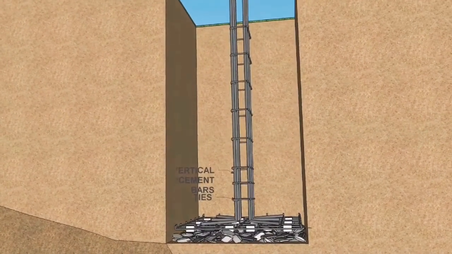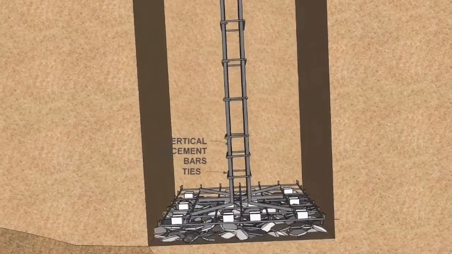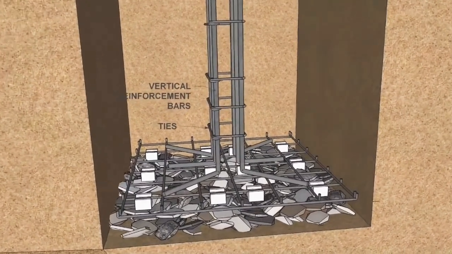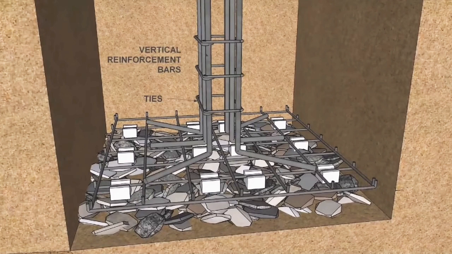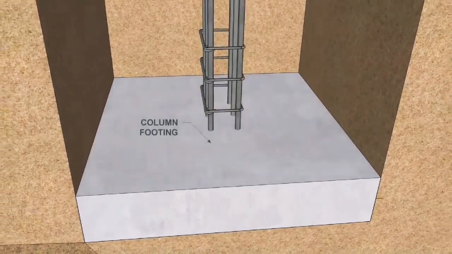After nyan, ready na natin buhusan ng ating footing. Yung thickness ng concrete natin sa footing is based pa rin doon sa actual design ng ating structural engineer. So bubuhusan na natin yung ating footing.